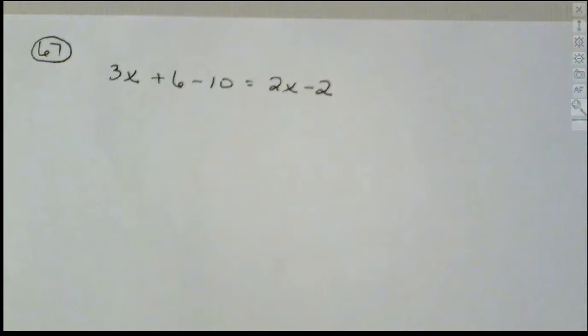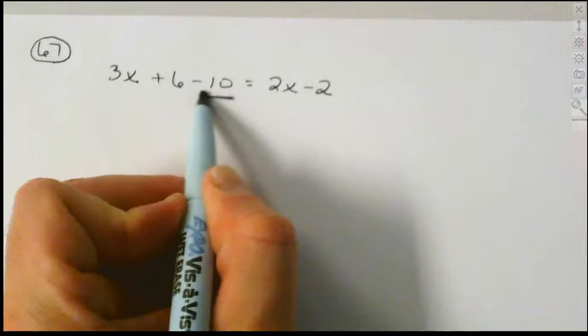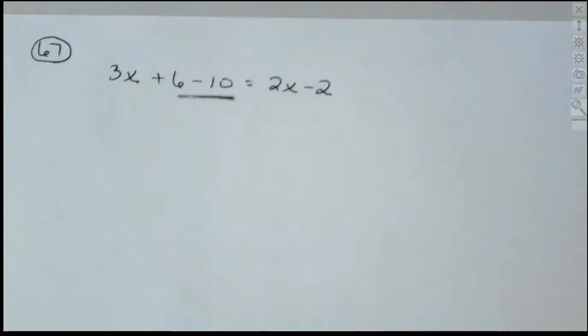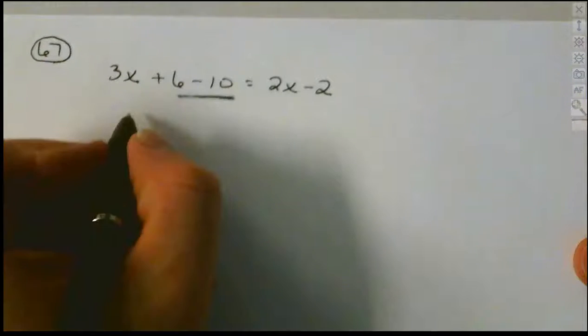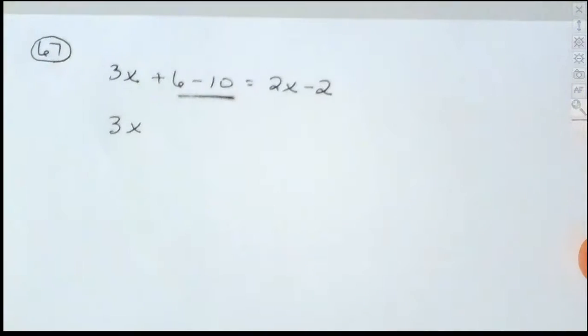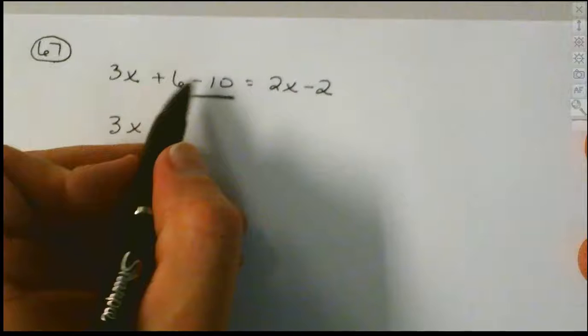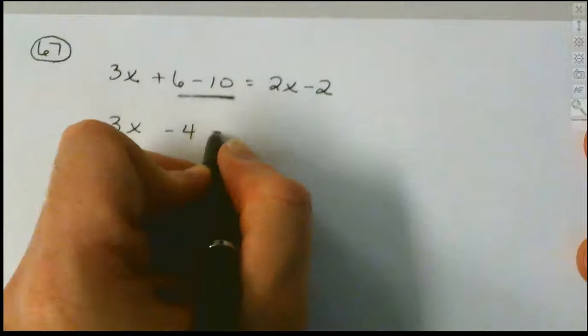So always look first on each side to see if terms can go together. These are like terms here, that's 6 and that minus 10. So we're going to go ahead and combine them together. So now we've got a 3x, and 6 minus 10 makes it a minus 4.